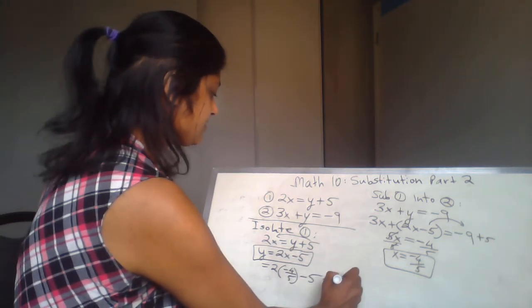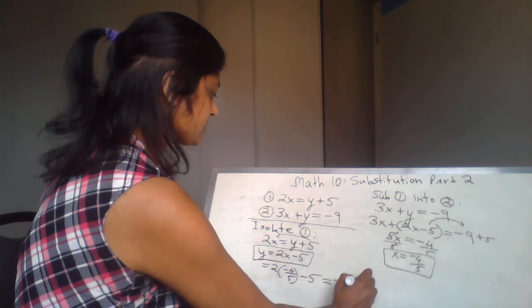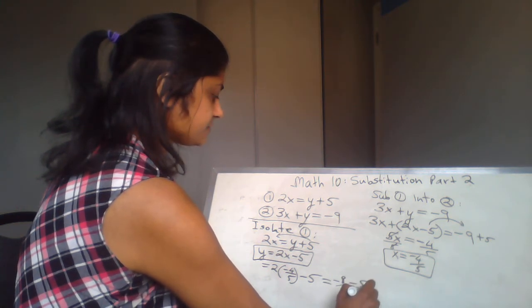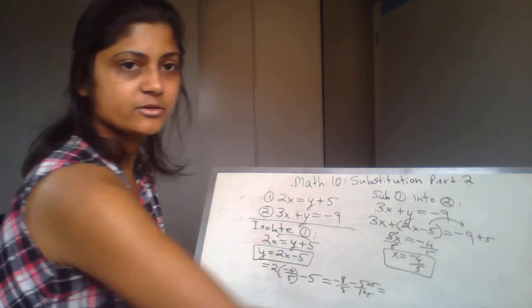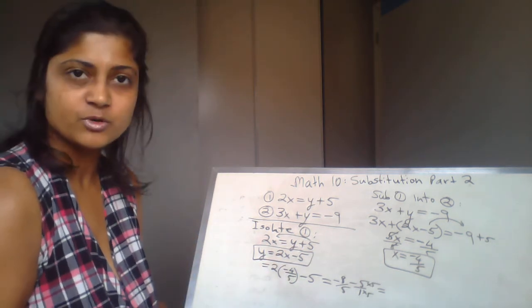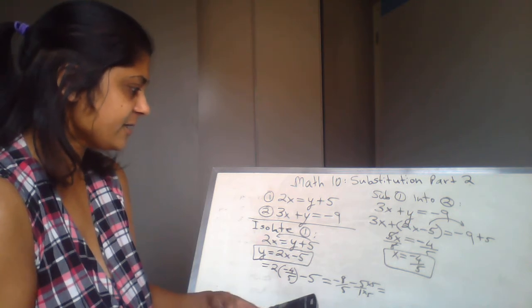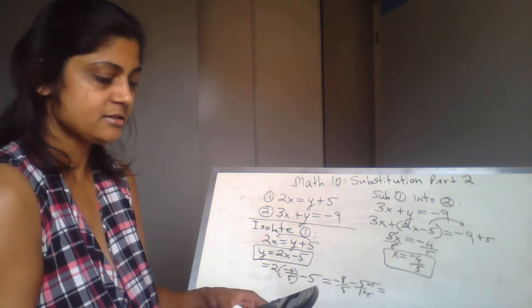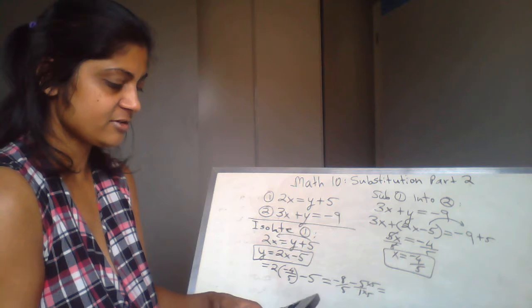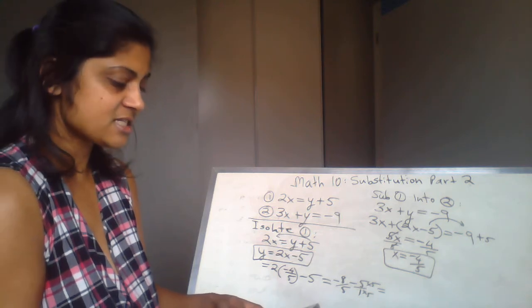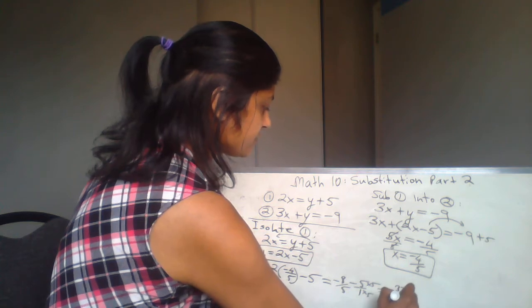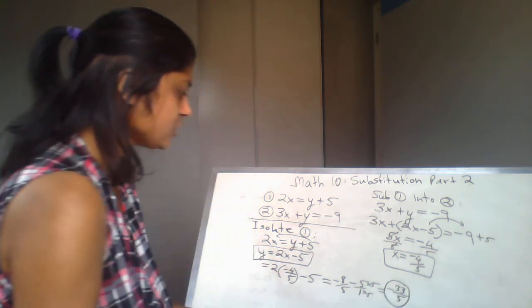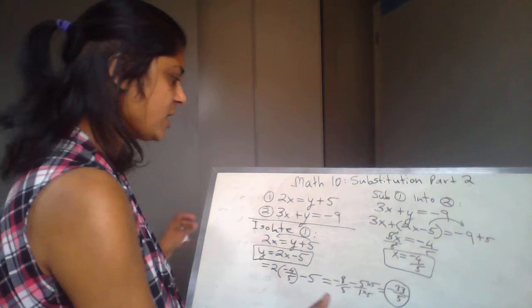So this is negative 8 over 5 minus 5 over 1. I'm taking a common denominator and writing it going across the board so we can all see that. So we do negative 8 on our calculator, minus 25, and we're getting negative 33 over 5. This is the value for y.